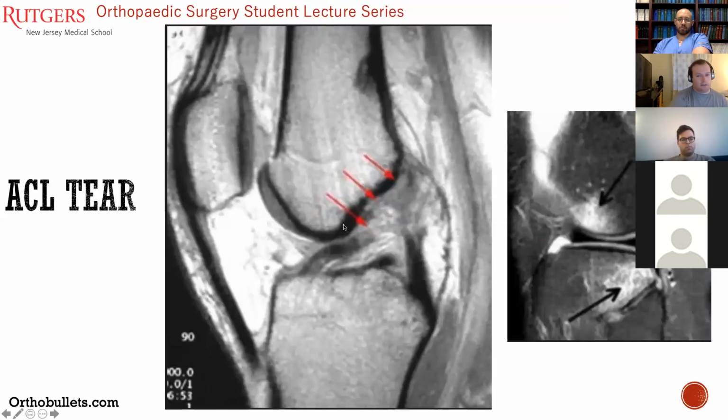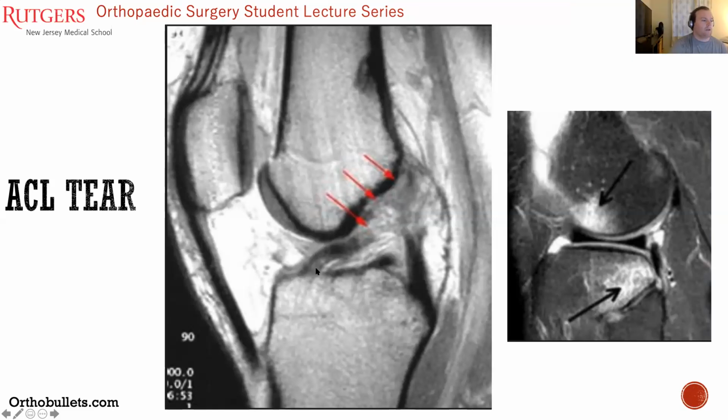And then finally, in terms of our pathology, looking at an ACL tear, the fibers themselves start to become more horizontal as opposed to the straight vertical fibers that we were seeing earlier, indicative of an ACL tear. Additionally, when you have an ACL tear, you have this characteristic bone bruising, remembering that the ACL resists translation of the tibia anteriorly relative to the femur.